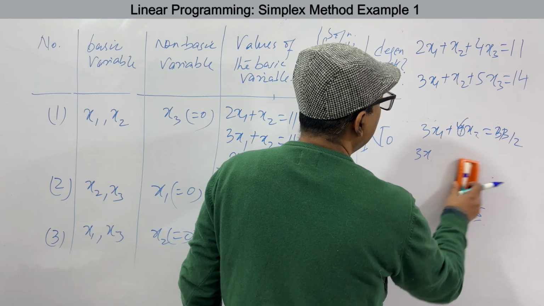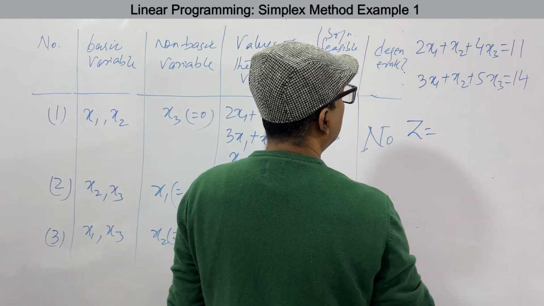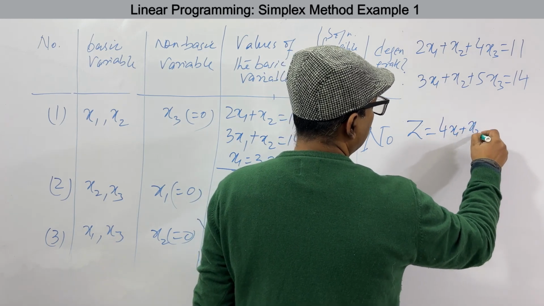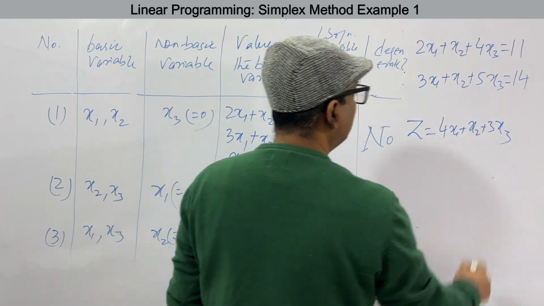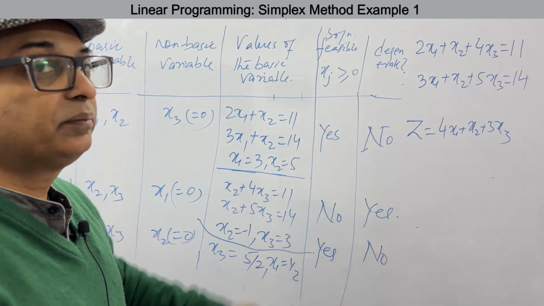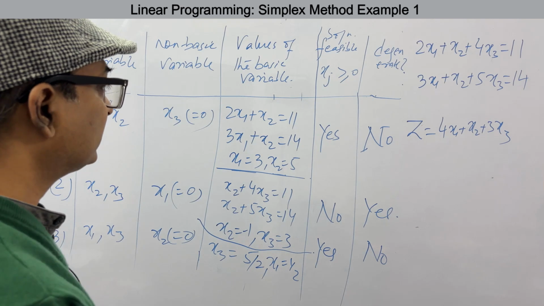Now, in this only, this is what I had to explain. Now, in this only, if our objective function was, let's say, z equal to 4x1 plus x2 plus 3x3. Now, let me explain to you how to maximize it, and we have to maximize it. Now, we have 3 sets of solutions.